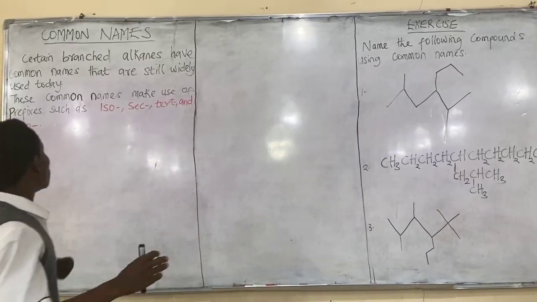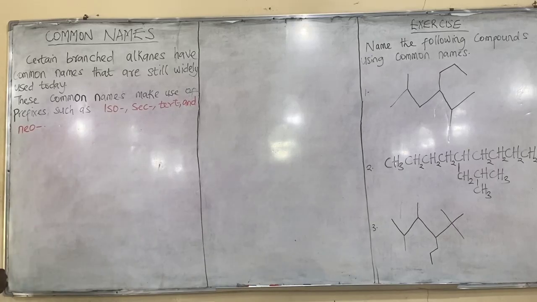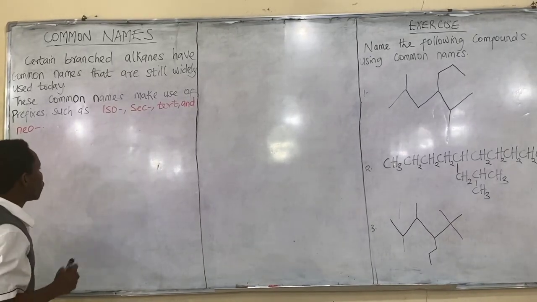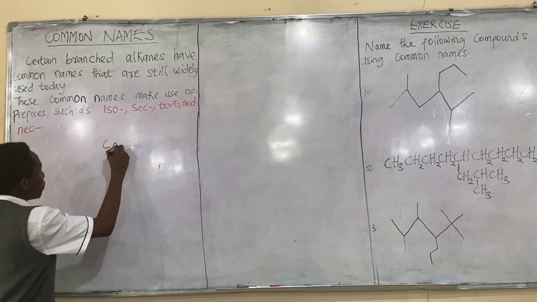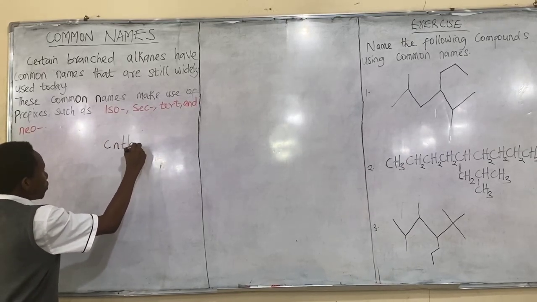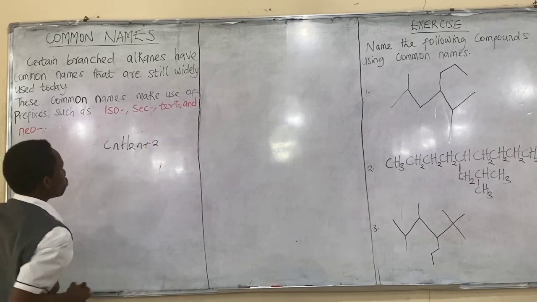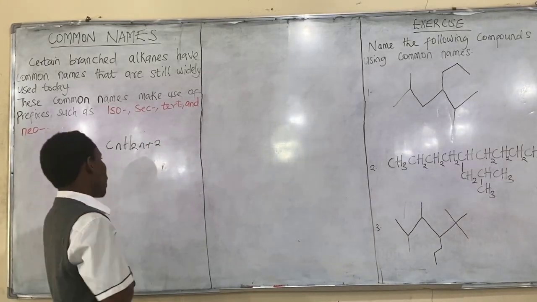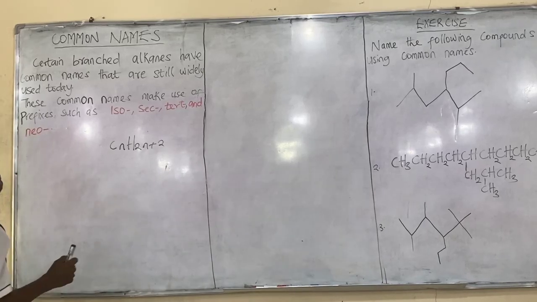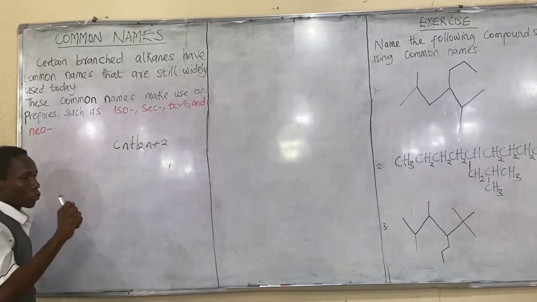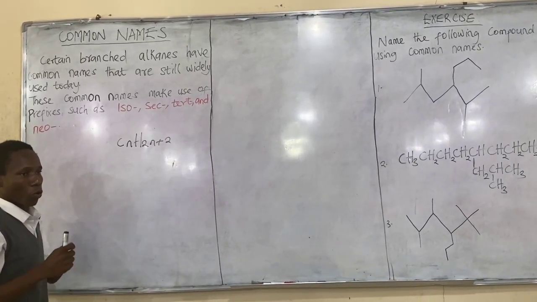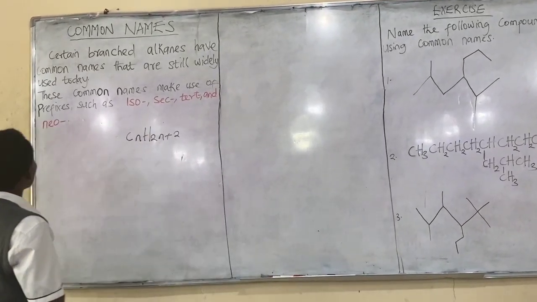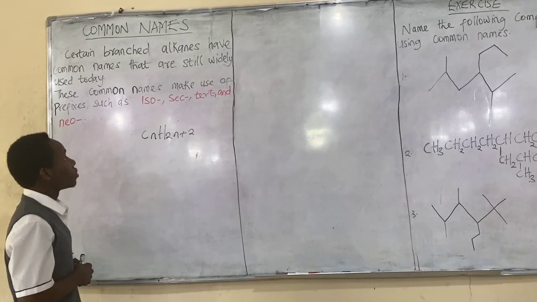Okay, today we'll be talking about common names. In our last class we said alkanes have the general formula CnH2n+2. This is the general formula for all alkanes. And then we also mentioned the first 10 alkanes, and we also talked about the IUPAC nomenclature. But today we'll be talking about the common names.